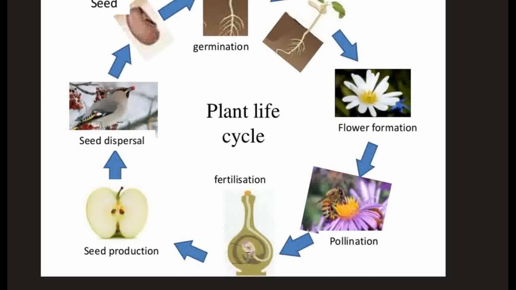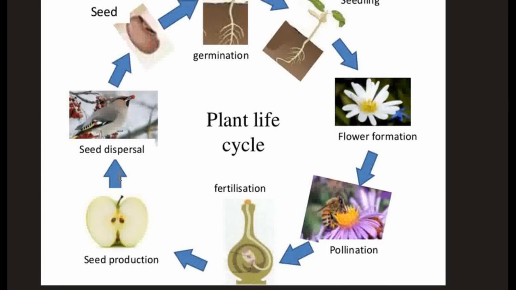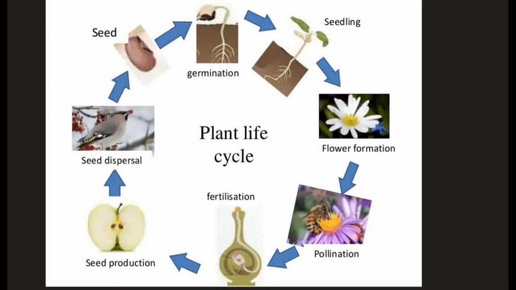This happens when the female gamete and male gamete fuse inside the ovule, and after fertilization it will bear fruit. This is an apple or any fruit, and inside the fruit there are seeds, and again the seeds will be dispersed in a few alternative ways. Then in the right condition and right place, it will start to grow.